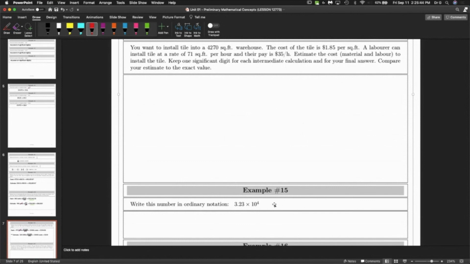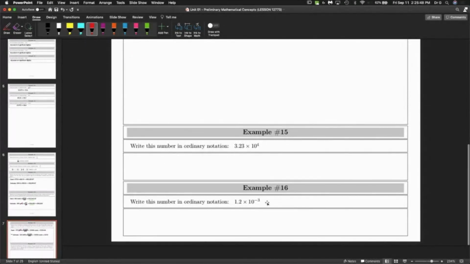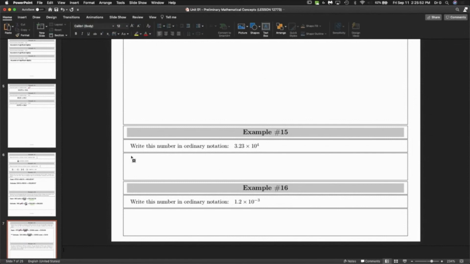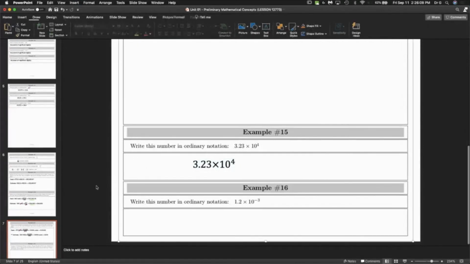So now we're going to move on to scientific notation, which I kind of touched on in an earlier conversation in the first hour. So ordinary notation is just what you know as everyday life. But now we're going to figure out how to interpret and use scientific notation. So what you see in scientific notation is very specific.